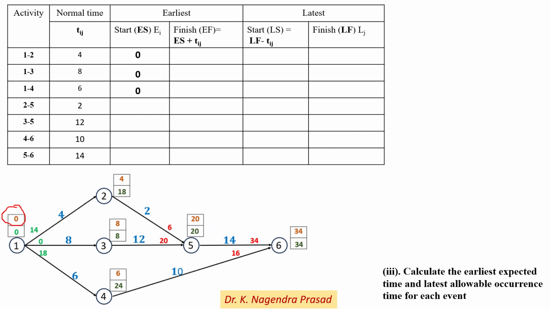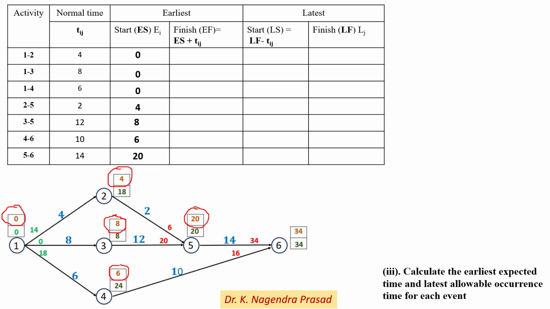Next, for activity 2 to 5, the earliest start time is 4 at event 2. Next, for activity 3 to 5, the earliest start time is 8 at event 3. Next, for activity 4 to 6, the earliest start time is 6 at event 4. And next, for activity 5 to 6, the earliest start time is 20 at event 5.